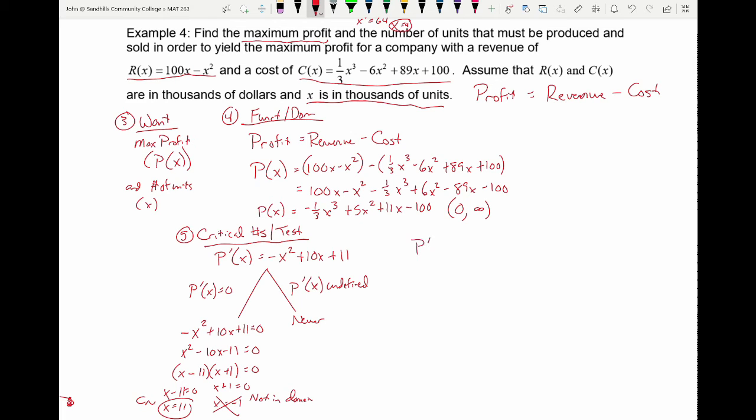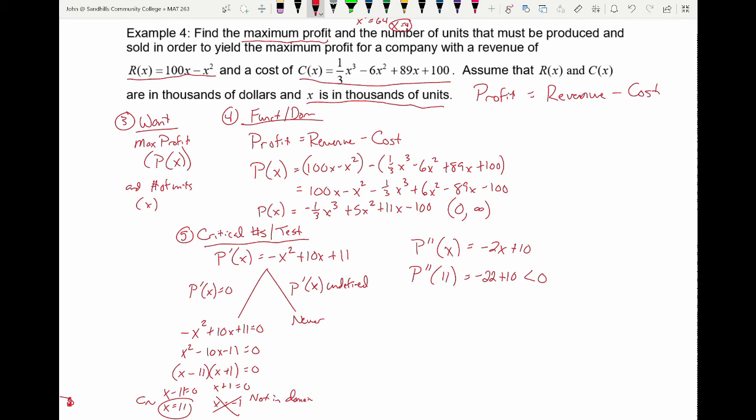To test that critical number, do the second derivative test when you can, right? And then if it fails, go to the first derivative test. But the second derivative test is always easiest for the most part. So our second derivative of this profit function is going to be -2x plus 10. So now plugging our critical number of 11 into that second derivative, you get -22 plus 10, and we only care about the sign.